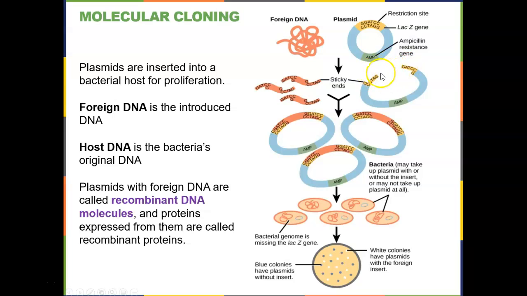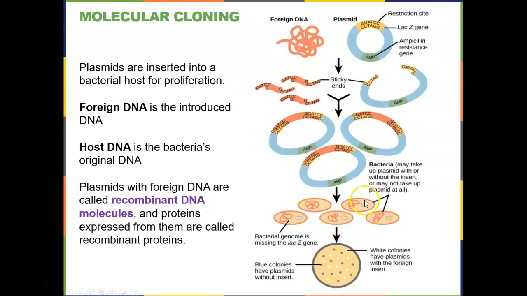So the enzyme has opened up this site in the plasmid, and then we're going to add in the region of interest. We will isolate that from our DNA, and because they have the sticky ends, it's going to fit right in.